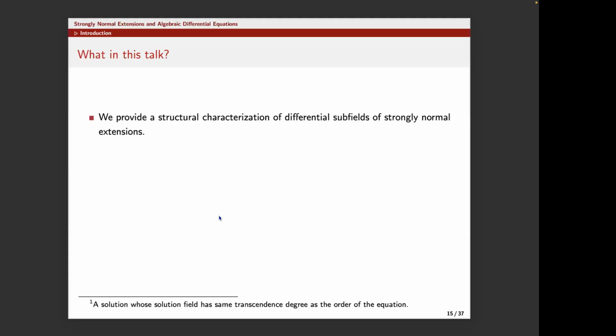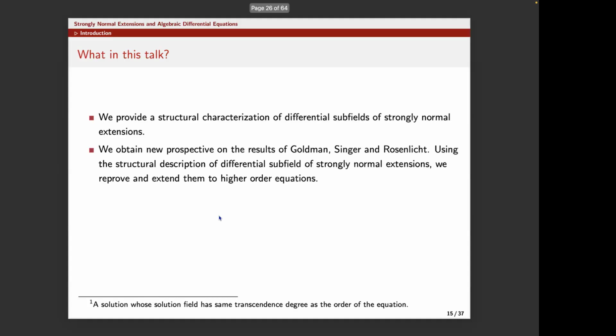So what we did is that we provide a structural characterization of differential subfields of strongly normal extensions. And we obtain a new perspective on the results of Goldman, Singer, and Rosenlicht. The proof of Goldman's result uses some differential polynomial results from the works of Ritt.